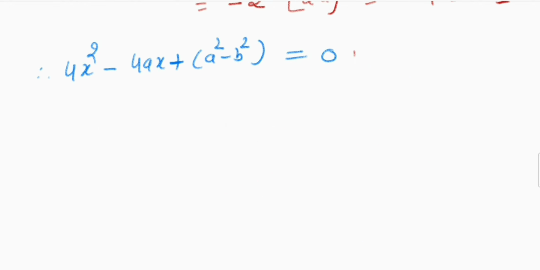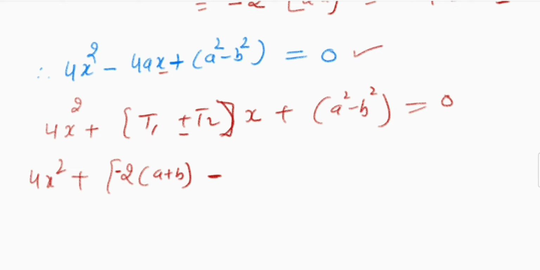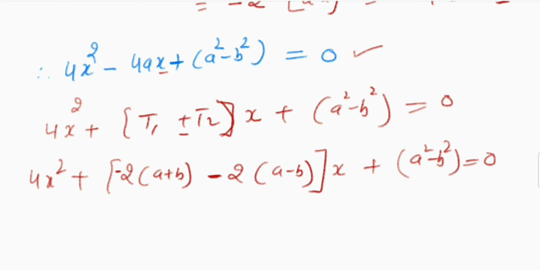Now I can write this quadratic equation in terms of t1 and t2. This will become 4x² + (t1 + t2)x + a² − b² = 0. So 4x² + (−2(a + b) − 2(a − b))x + a² − b² = 0.